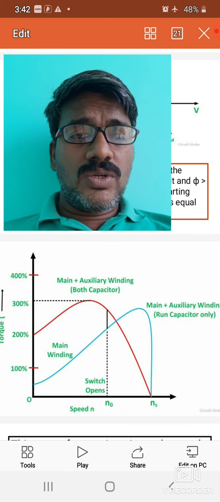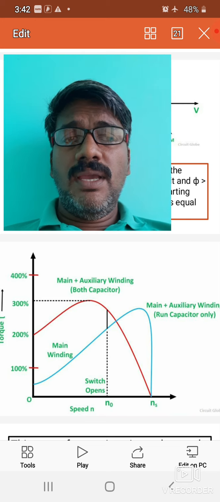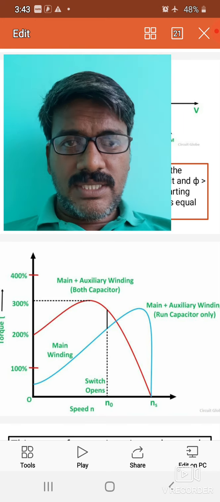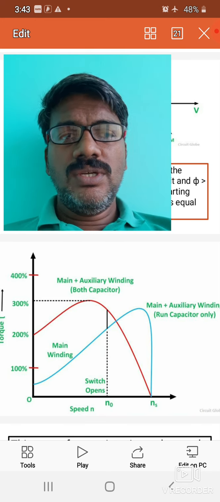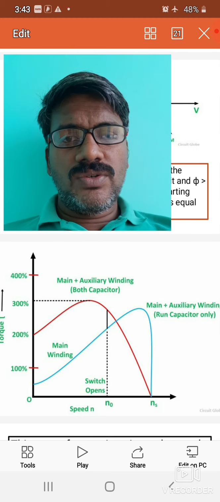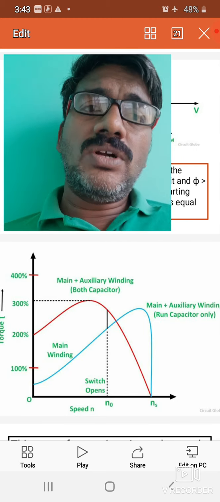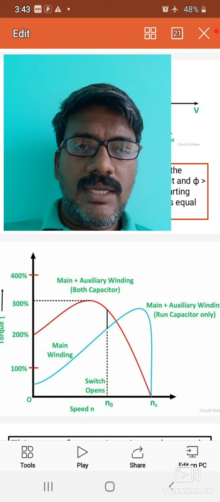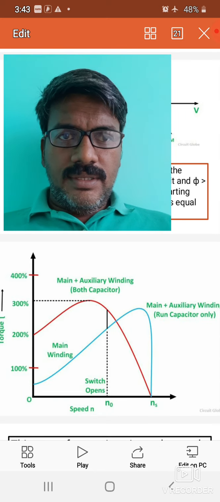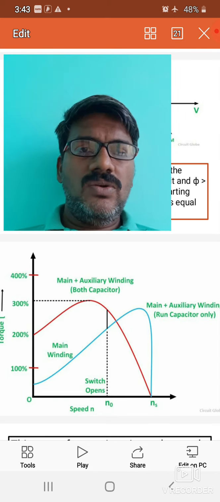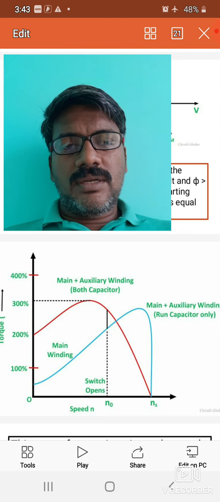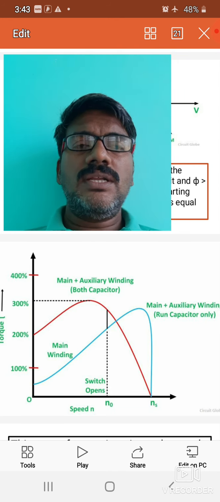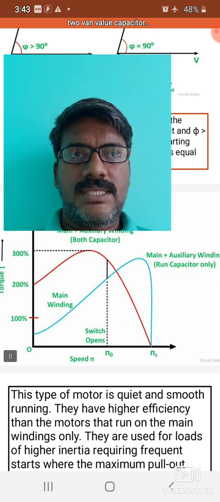Similarly, the running torque is also very high. If you use a two value capacitor, we get high starting current, high running current, high starting torque, high running torque. But with only a single value, the running torque is very good, but the starting torque is very less.